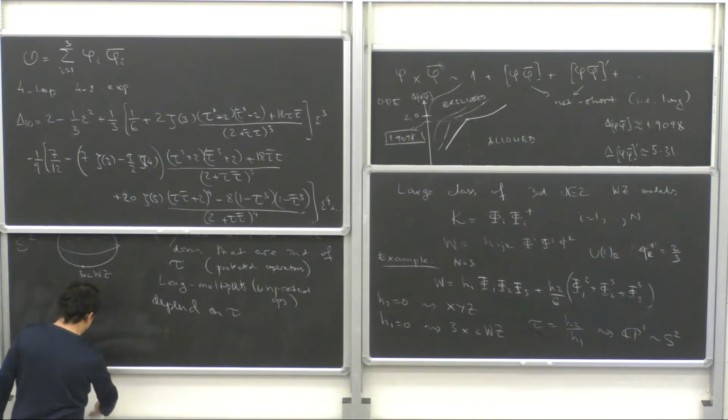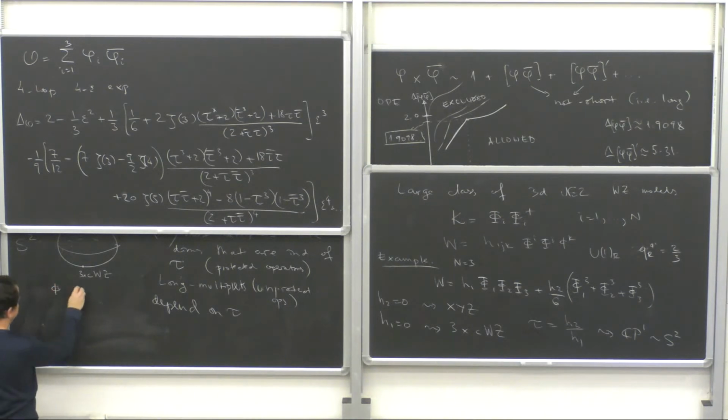So there's fields. There's U(1)_R, and there's U(1) flavor. 2/3, 2/3, 2/3, and 1, -1, 0. So this vector of charges is orthogonal to this one. When I multiply them, I get 0.